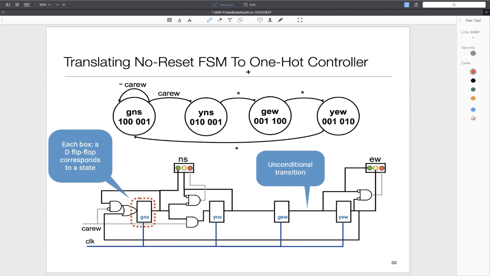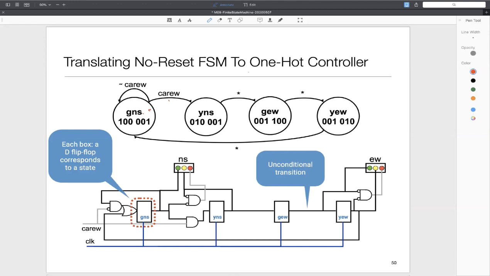Yeah, I am in the GNS state and CAR East-West is 1. Well, GNS outputting 1 means that you are in the GNS state. Remember, it's one hot coding, right? So the GNS flip-flop being 1 means I am in the GNS state.